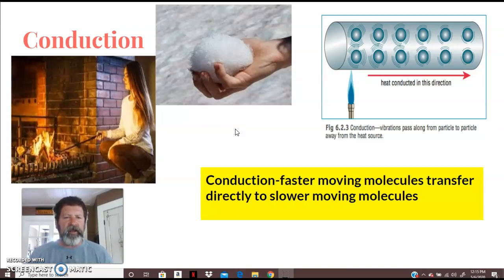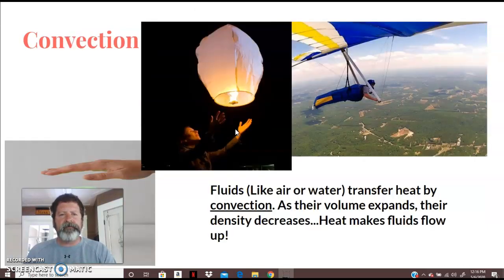So what you think of as cold is actually your body's heat leaving you quickly. That's what causes that cold feeling. Cold isn't really a thing in science. It's thermal energy leaving you quickly. But anyway, that direct transfer of faster moving molecules, say up that fire poker towards the lady that's holding it, that's going to be conduction, direct contact.